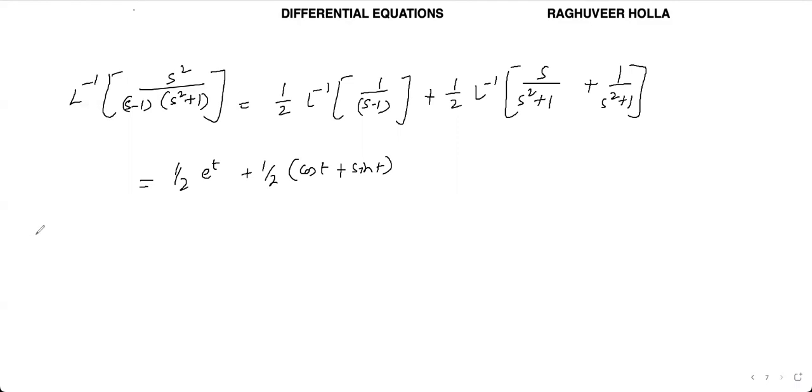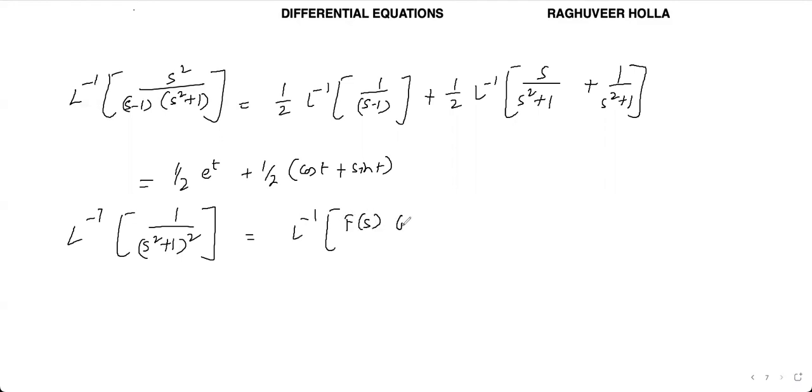Now let us find L inverse of 1 by s square plus 1 whole square. Now this can be split in terms of the functions as L inverse of f of s and g of s.